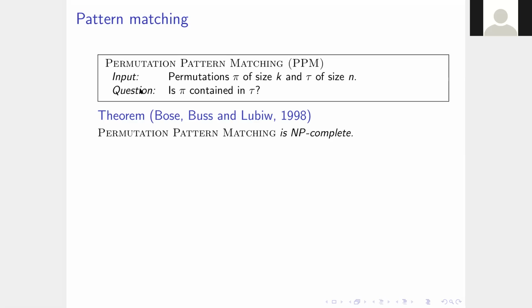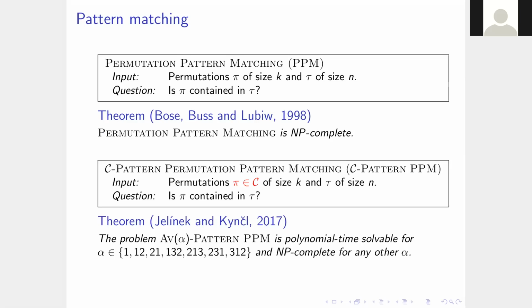And naturally, this motivated people to think about restricted variants of this problem, in particular, the C-pattern permutation pattern matching, or C-pattern PPM. This problem is when we restrict the possible patterns just to a single permutation class C. So we have a permutation pi from the class C and an arbitrary permutation tau of size n.